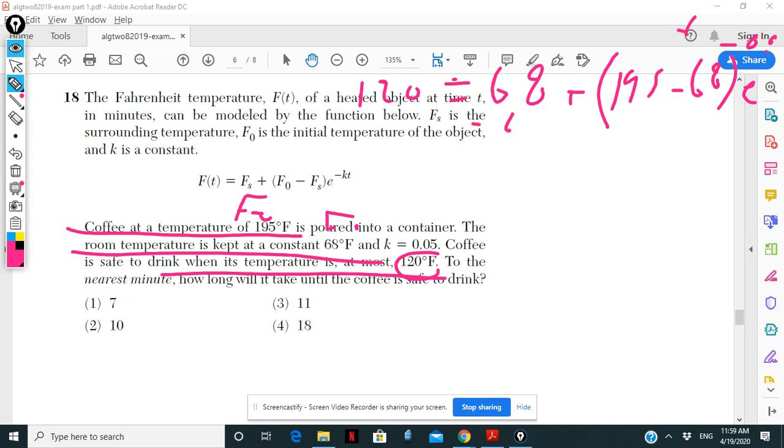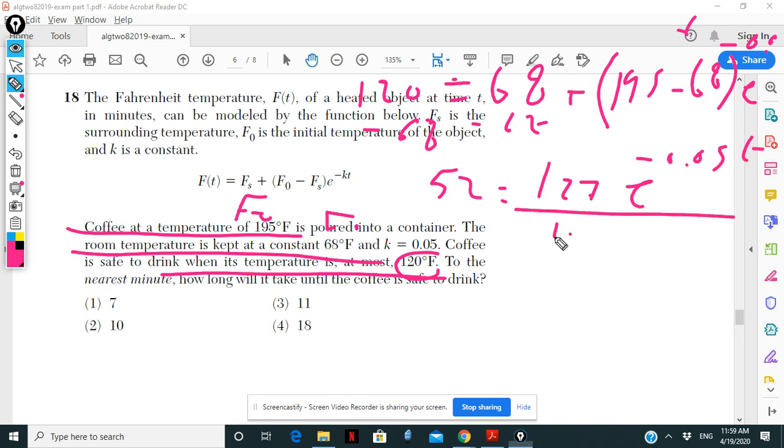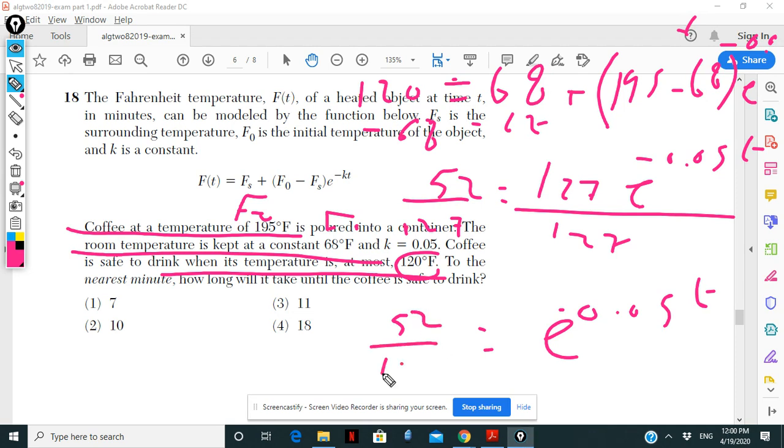Now I subtract 68, so I get 52 equal to 127 e to the power negative 0.05 t. I divide both sides by 127, so e to the power negative 0.05 t equal to 52 over 127.